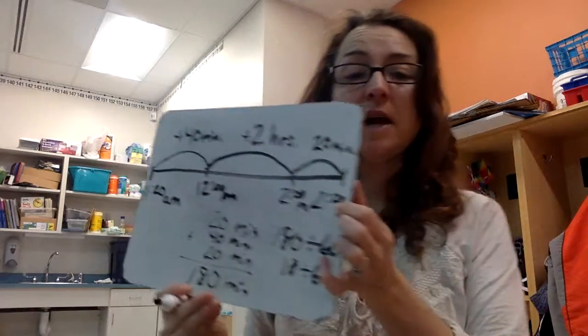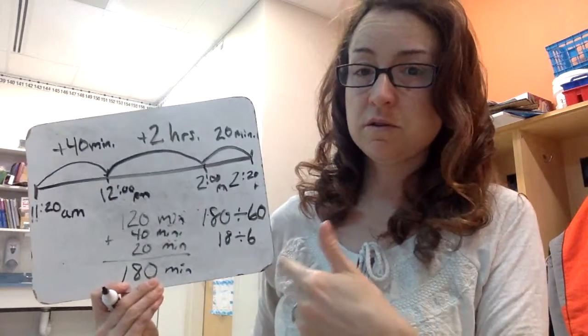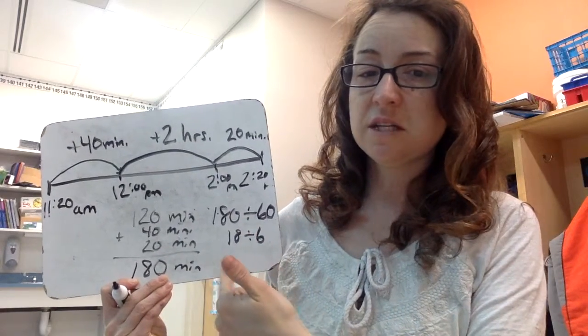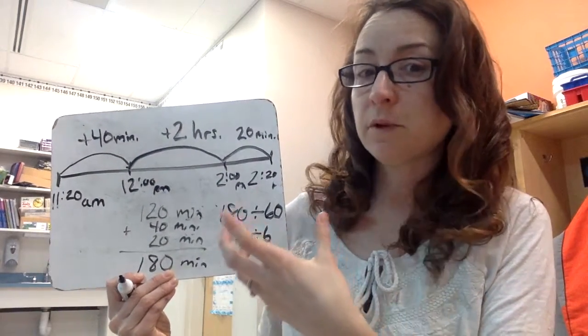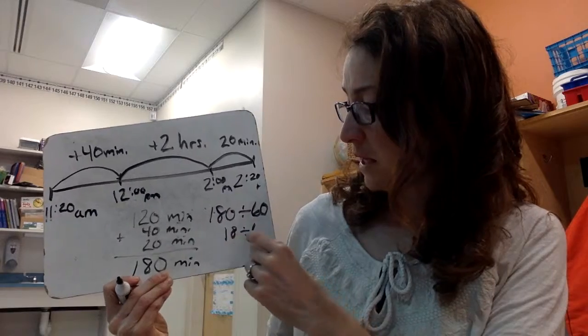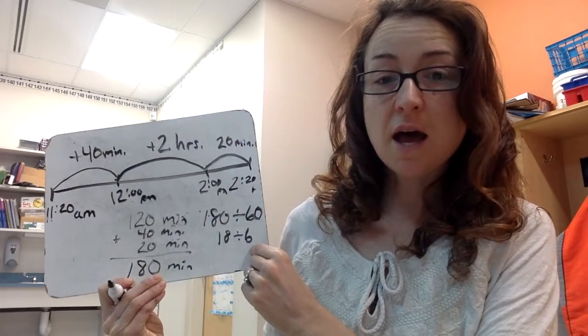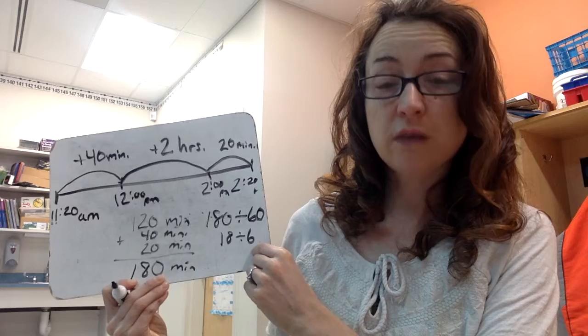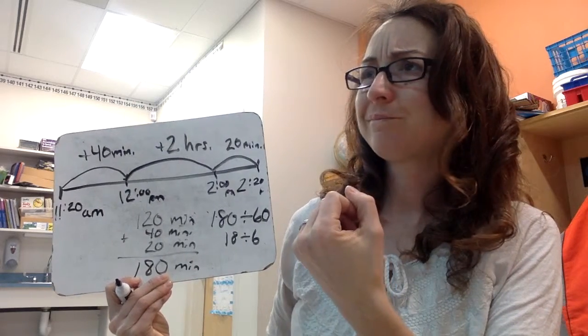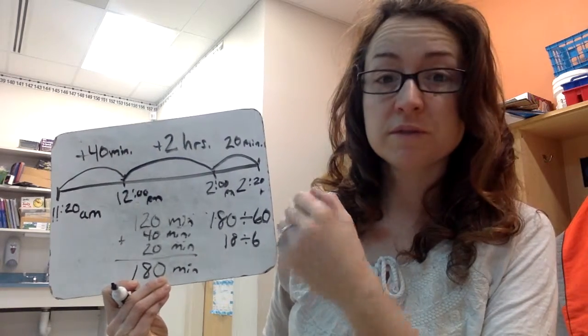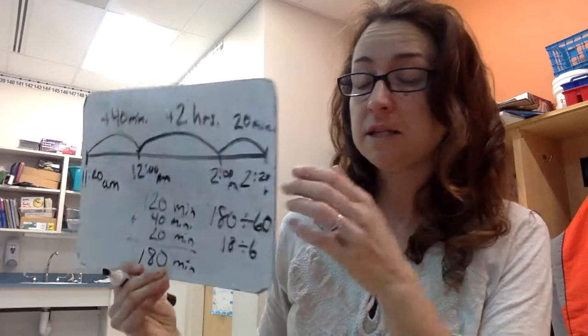Now I know that I did not lose those zeros. Those zeros are still there. I'm just thinking of this in a different, simpler way. So if I think of 18 divided into groups of 6, I can actually create 3 groups of 6 because I know 6 times 3 is 18.